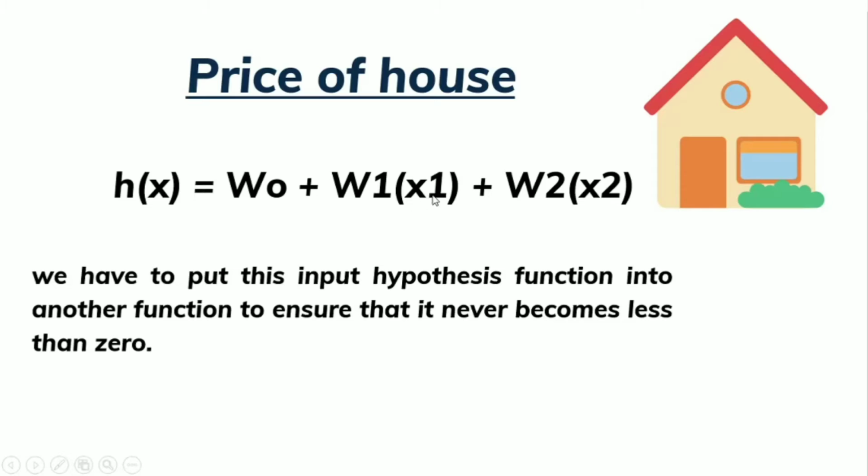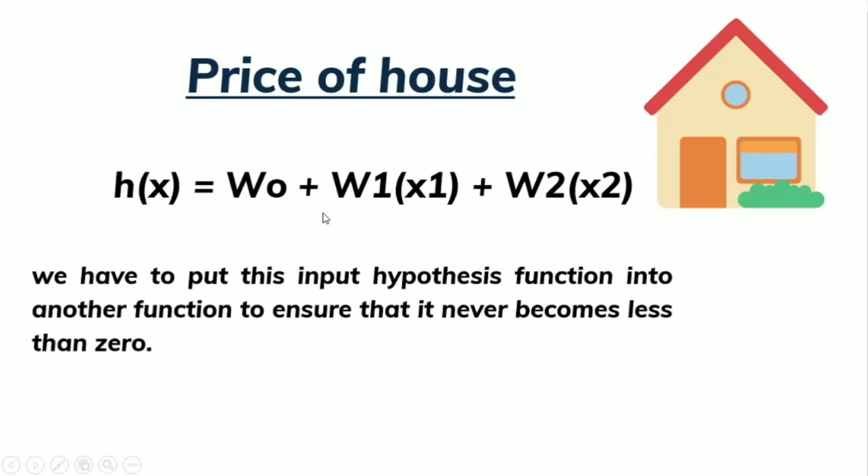The value of the hypothesis equation can be anything according to the values of the input attributes we have provided. The answer can be both negative and positive, but we have to restrict our answer to positive only, as we know that the price of a house can never be negative. So we have to put this hypothesis equation into another function to ensure that it never becomes less than 0.